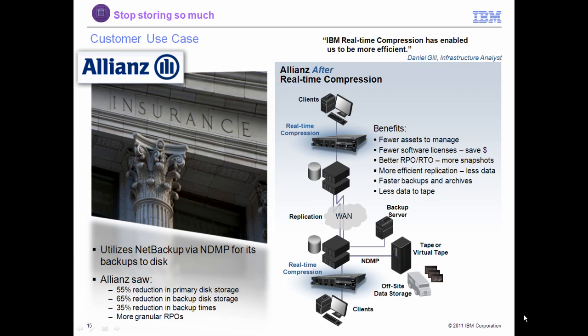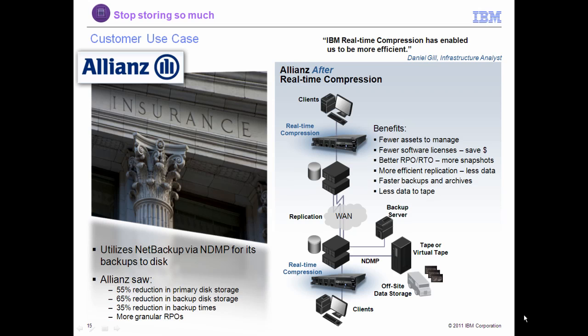They were able to deploy the real-time compression technology, see a significant savings in their primary and secondary footprint, allowing them not to be required to go acquire more capacity. They were able to meet the business objectives of having better recovery time and recovery point objectives by leveraging the same volume that they were originally creating their snapshots in, but doubling the number of snapshots that were available to them. And they were able to reduce their overall bandwidth cost for replicating data.